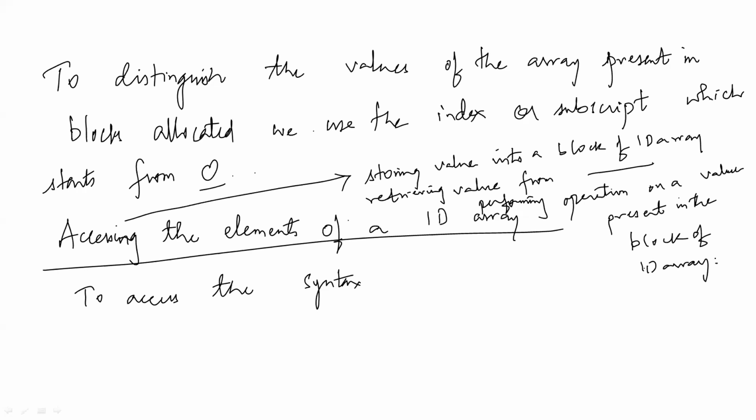1D array is having similar sized blocks, right? I want to store a value into that block. I want to retrieve a value from that block. I want to perform operation on the value present in that block. So doing all those things, we are saying it as accessing.